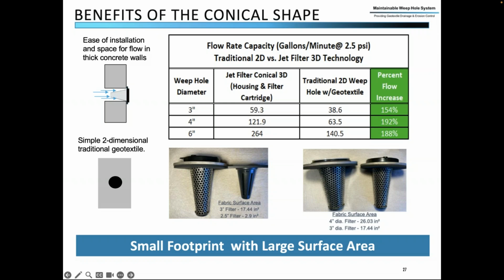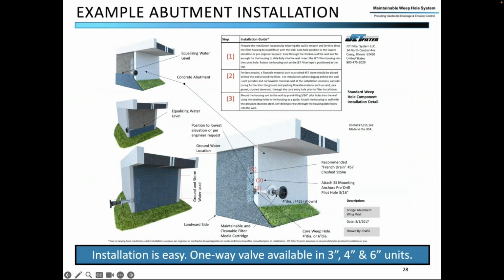All right, so I'd like to just talk about installation and maintenance. I've got a video to show about installing. Installation can be very straightforward, and most times it's very simple. If you have an existing weep hole, the units can typically just slide into the weep hole and be mounted.